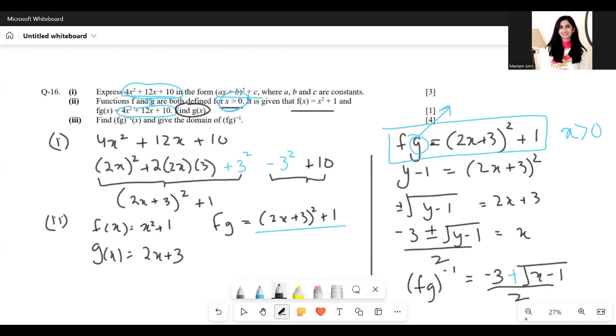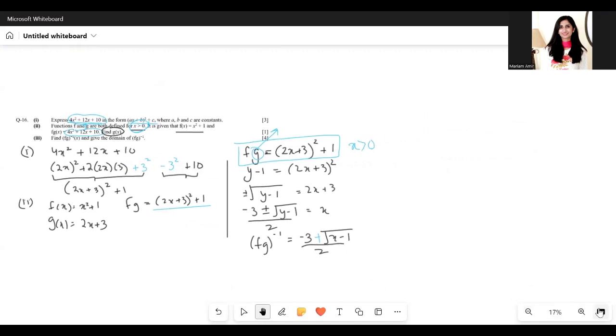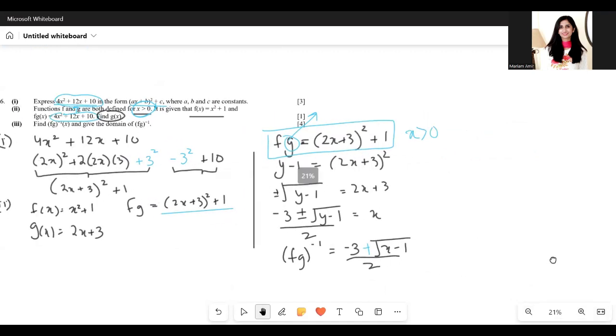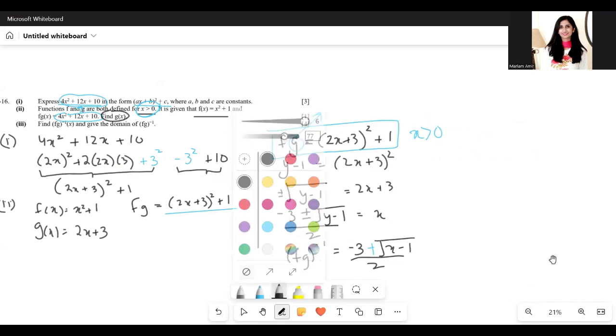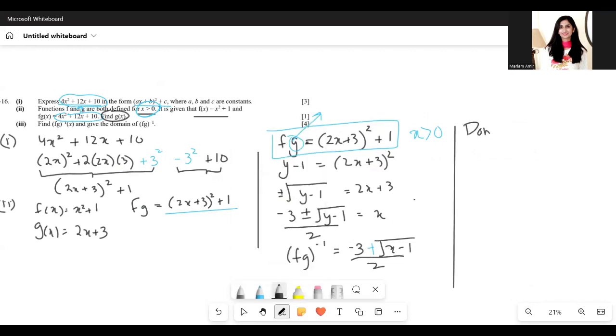Okay. Next part says find the domain of fg inverse. Okay. So the domain of fg inverse should be equal to the range of fg. And what was fg again? fg is (2x plus 3) whole squared plus 1.